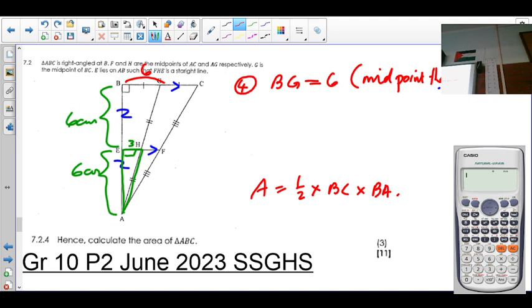Okay. So if that is 6, then GC is also equal to 6. Why is that 6? It's given that AG is equal to GC.